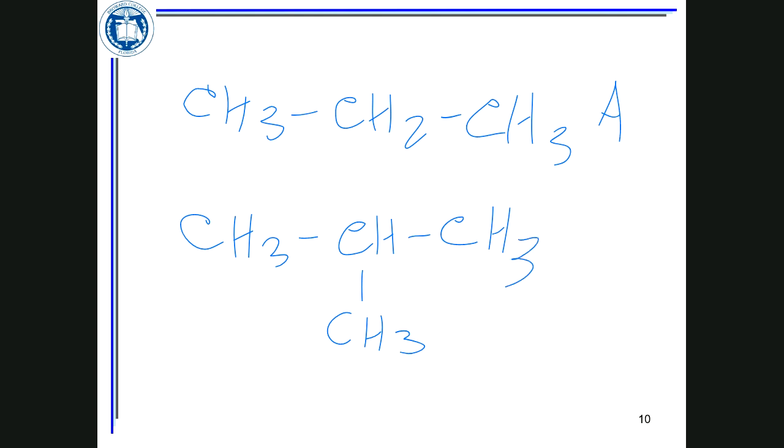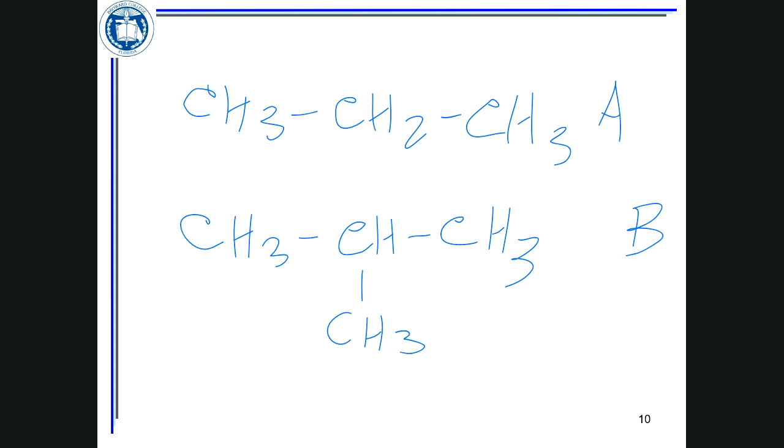For compound B, we're not going to use isobutane as the common name. We are going to use the IUPAC rule to name this compound. The first rule in the IUPAC says find the longest consecutive carbon chain.